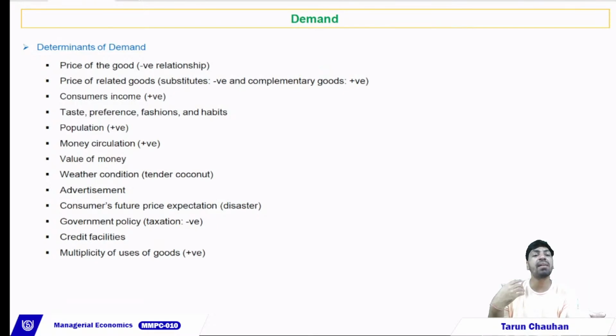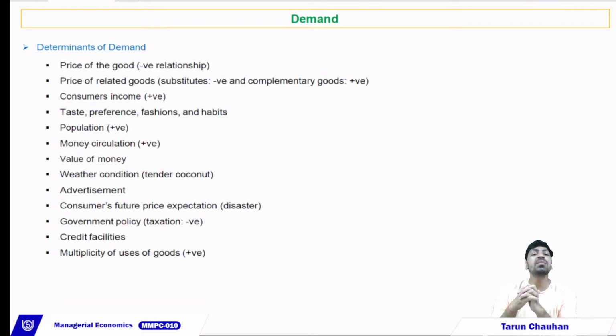If a person has an income which keeps declining, then how can he fulfill his wants by buying a product? It cannot be fulfilled. So if the income is low, automatically their demand or quantities of products would get low. So that's why it refers to consumers' income. It shows a positive relationship between income and the quantity demanded of a product.